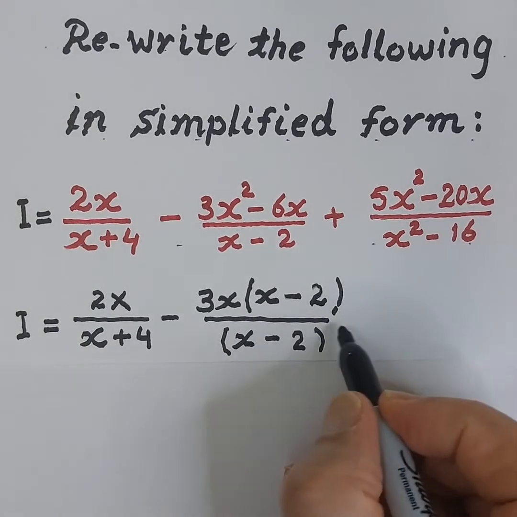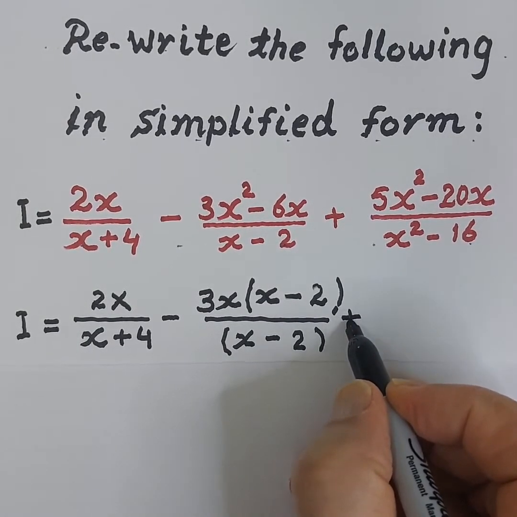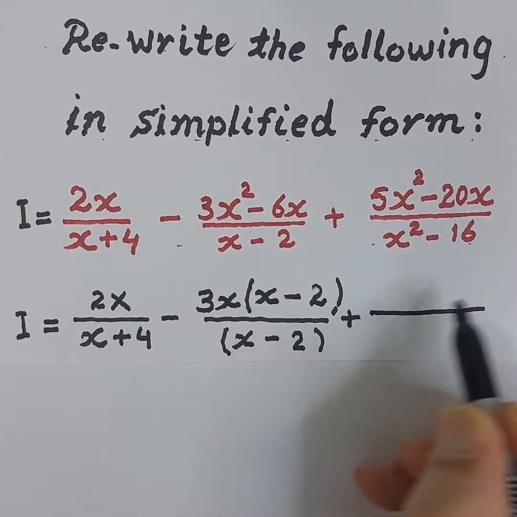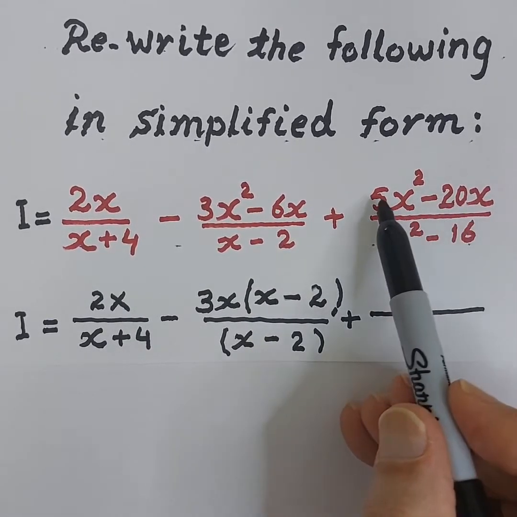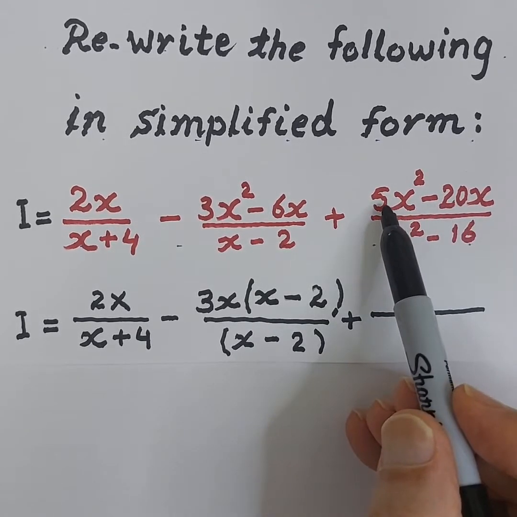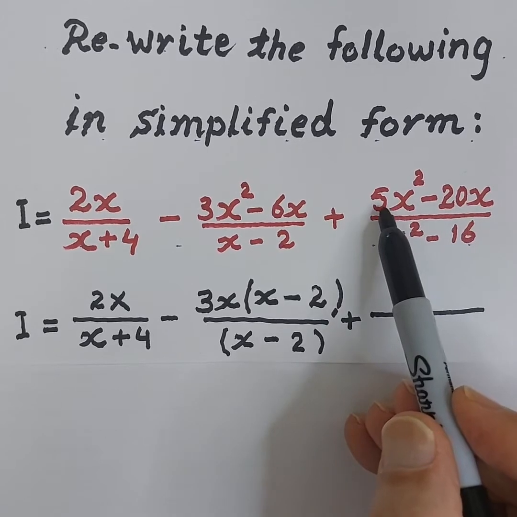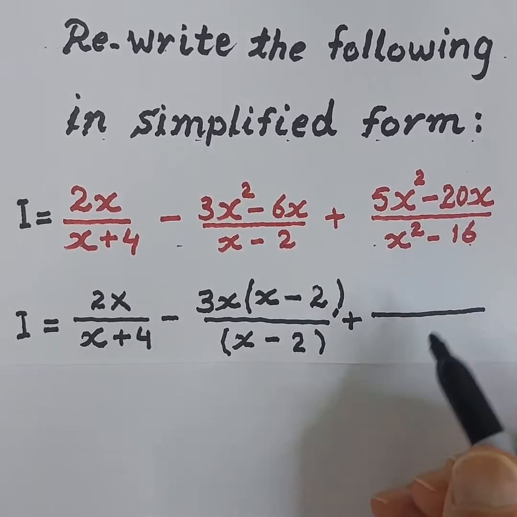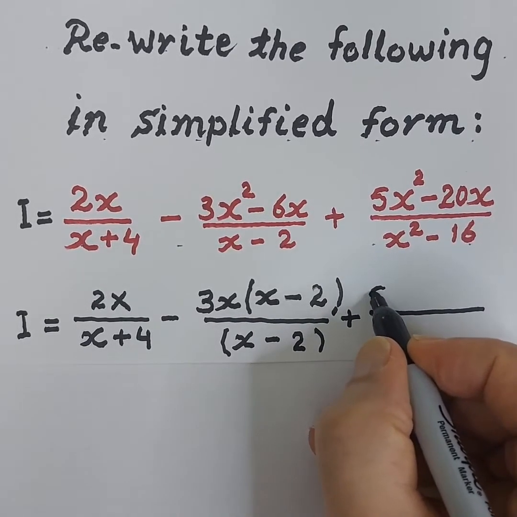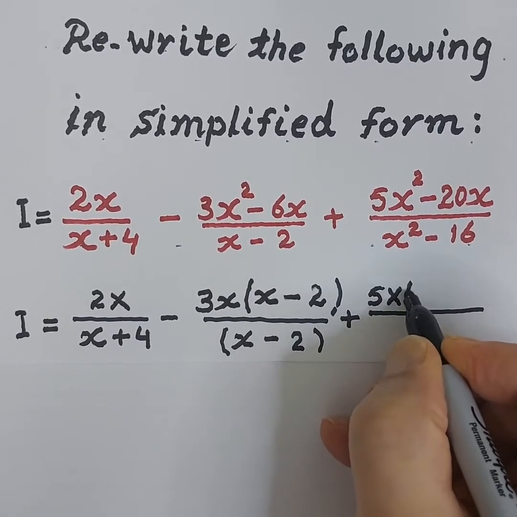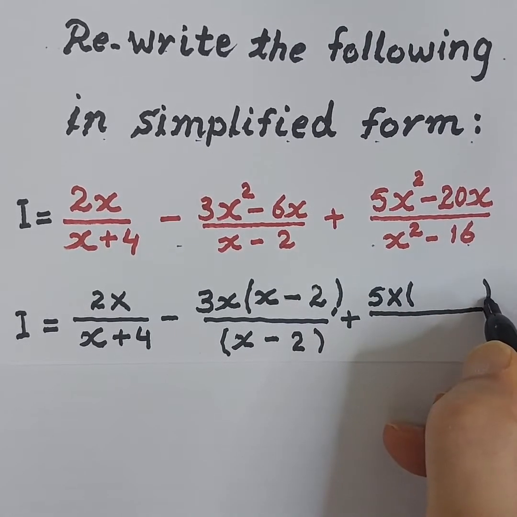Then we will go to the third quantity. The third, also we can make here common factor between the numbers, which is 5. 5 is common factor, and x also is a common factor, so we'll take 5x as a common factor and put the result here inside brackets.